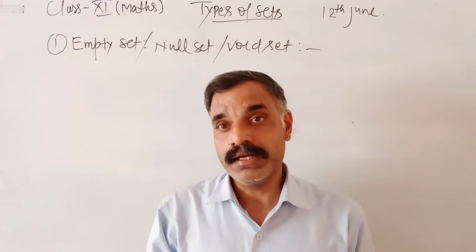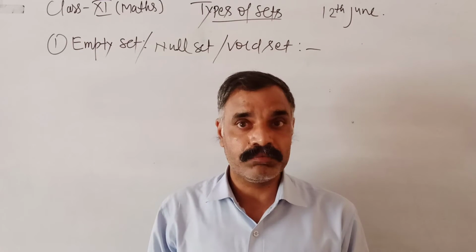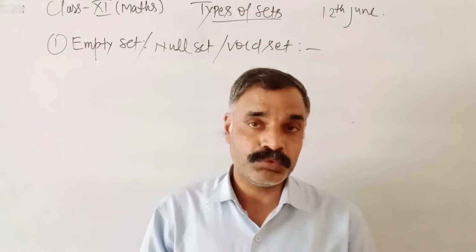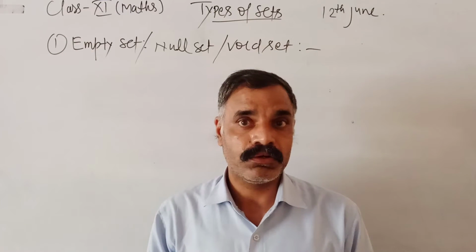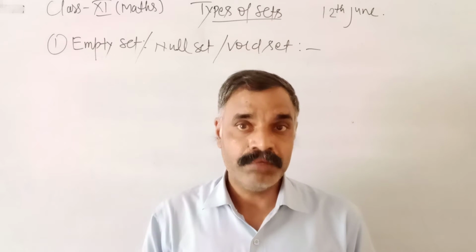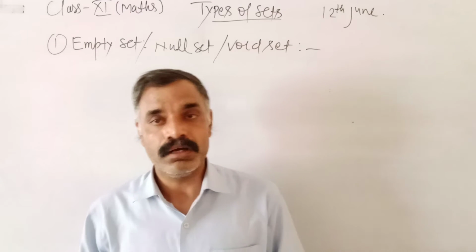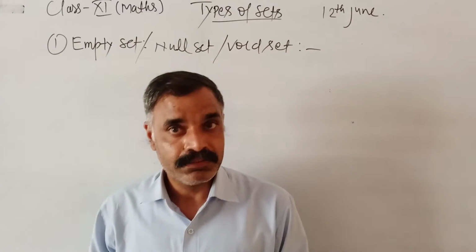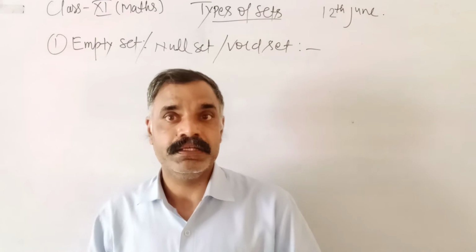Or we can define the empty set in another way: a set is said to be an empty set or null set or void set if it contains no element. If there is no element in any set, then it is an empty set.